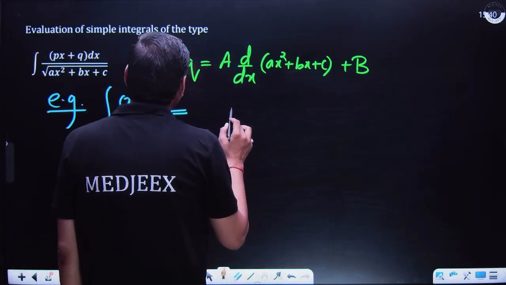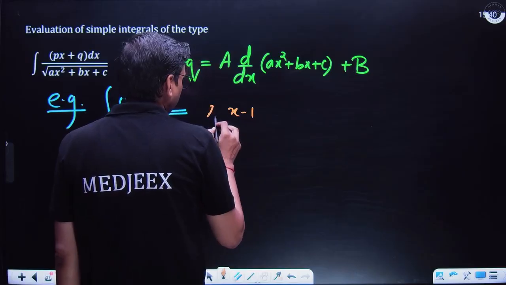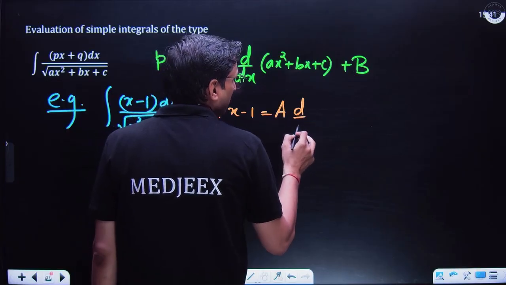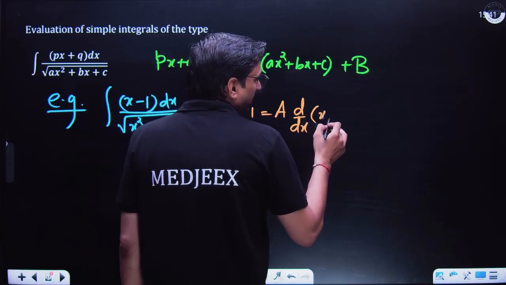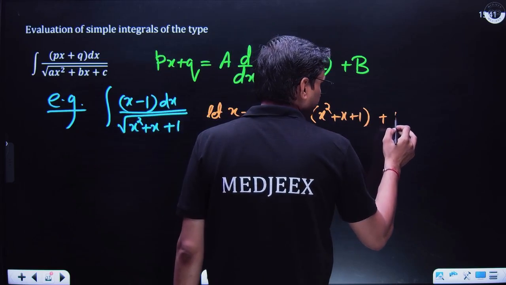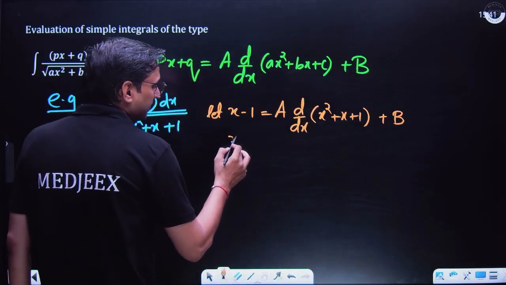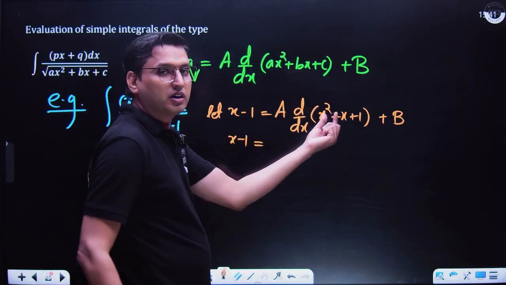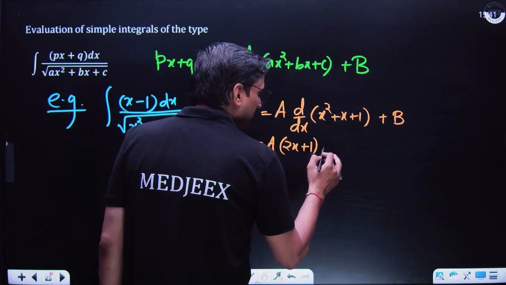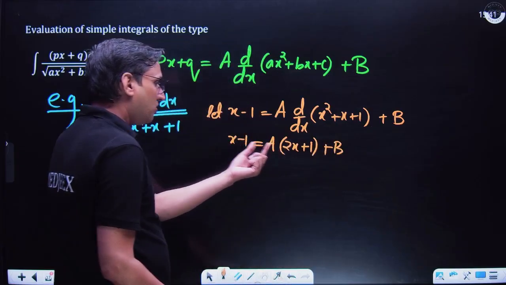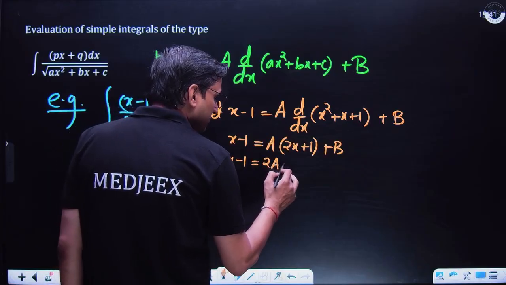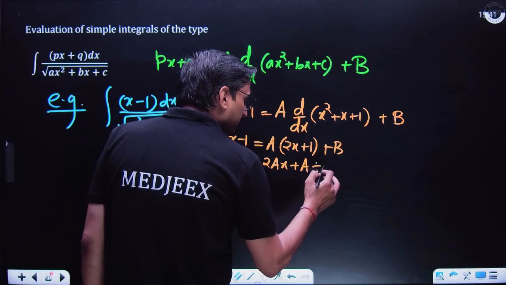Let x minus 1 is equal to a times differentiation of x square plus x plus 1, plus b. Now differentiate it. x minus 1 will be a times 2x plus 1 plus b. Multiplying a into the bracket, we get 2ax plus a plus b.